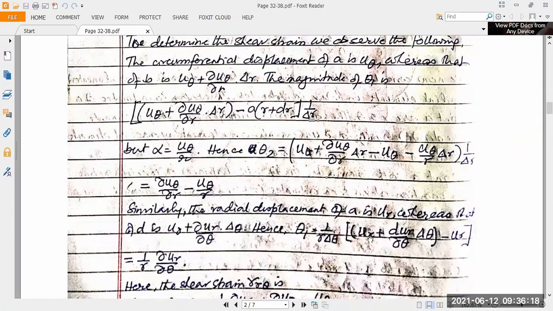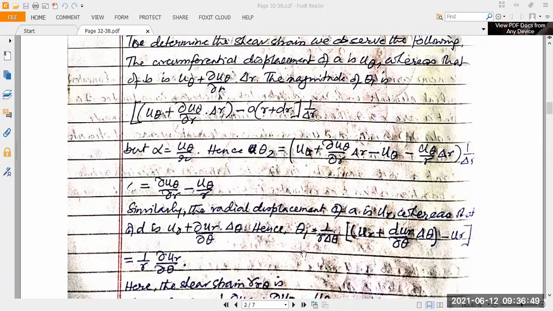Similarly, the radial displacement of this. The radial displacement of A is u_r, whereas that of D is u_r plus du_r by d theta into delta theta. It means u_r is the displacement on the radius r, whose rate of change is multiplied by delta theta itself.